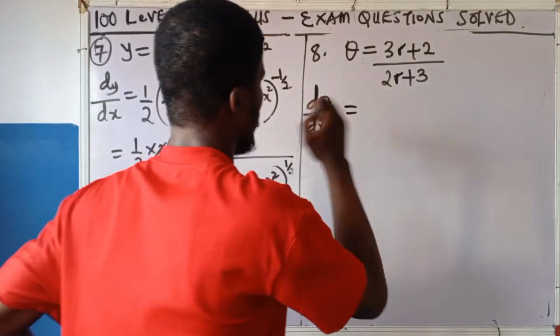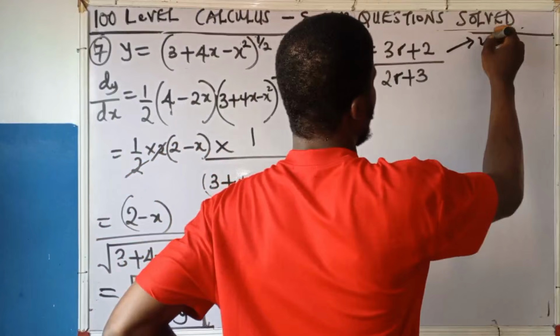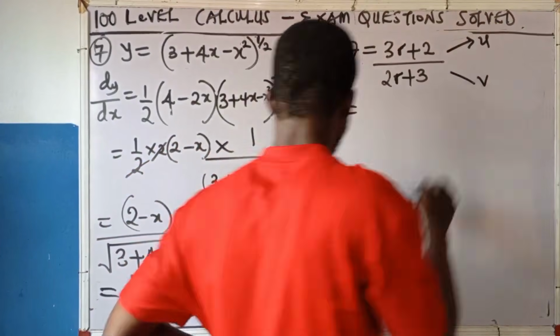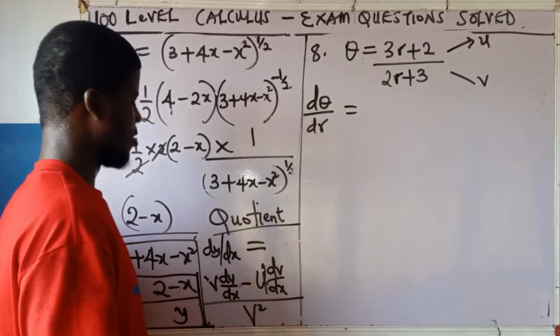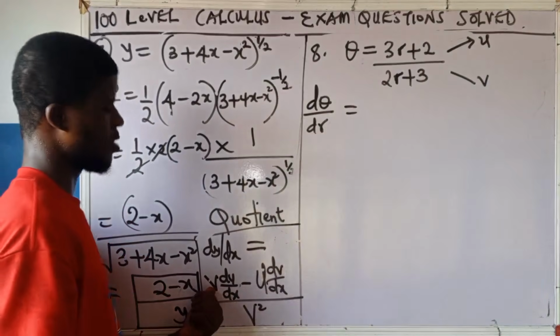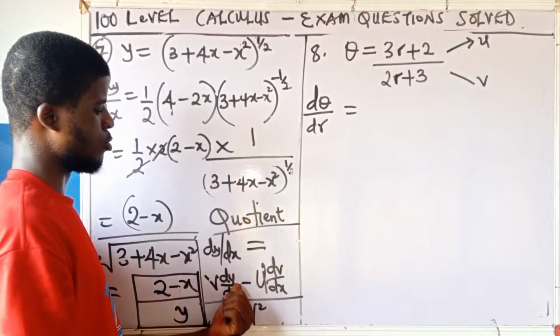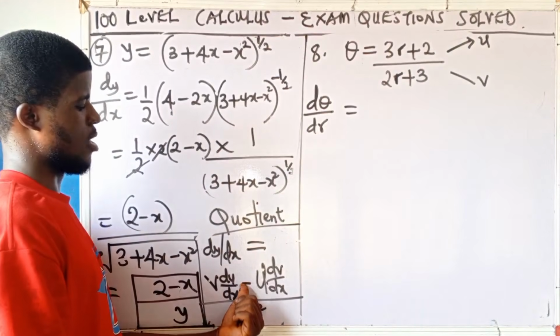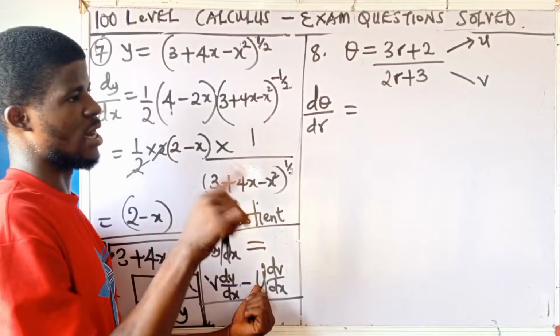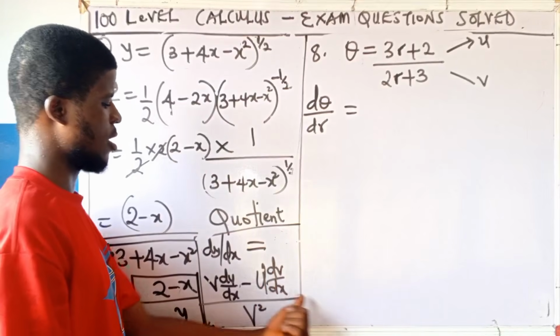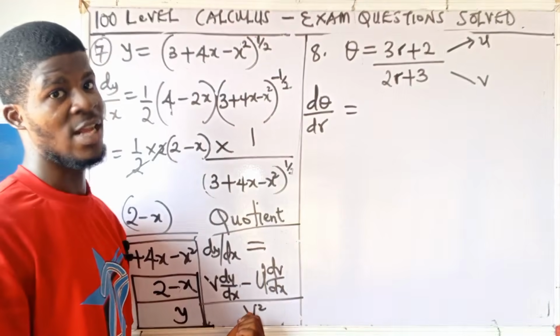But this is the rule in general. This is u, the top is always u. The bottom is always v. So the rule in general says: write v times the derivative of u with respect to x, minus u times the derivative of v with respect to x, divided by the square of v, v squared.